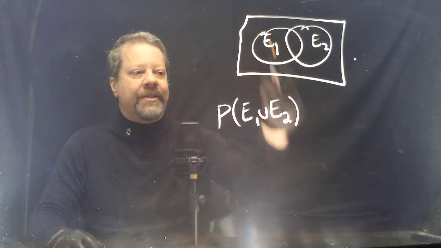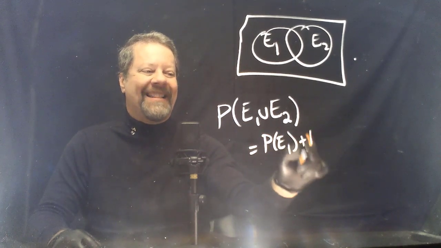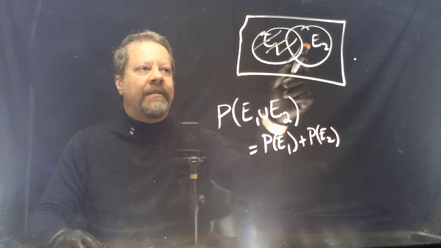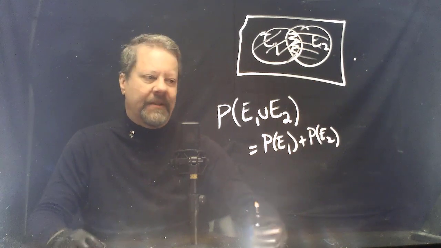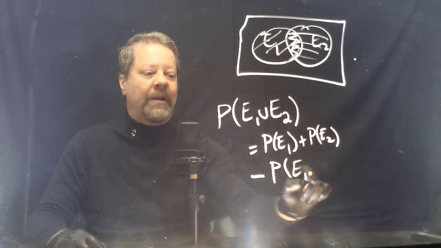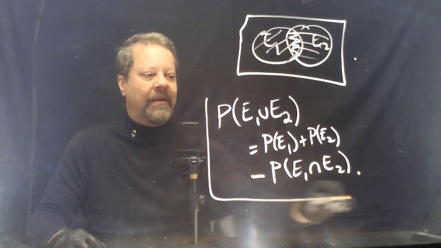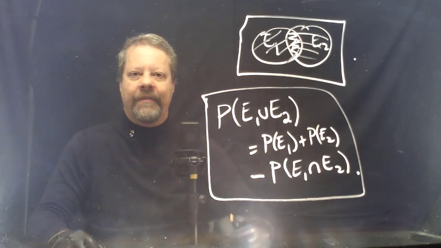As you can see, if we just take the probability of event 1 and add that to the probability of event 2, we've counted these possibilities in the intersection twice. So you have to subtract the probability of event 1 intersect event 2. And that's how you calculate the probability of the union of 2 events. We're assuming here that these are equally probable outcomes, of course.